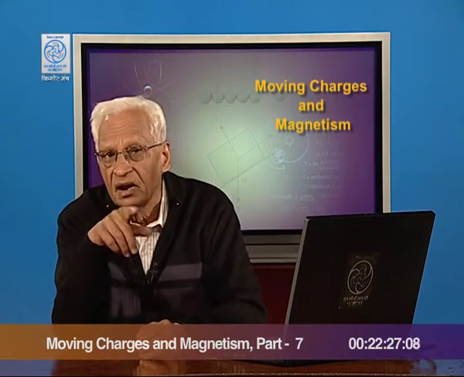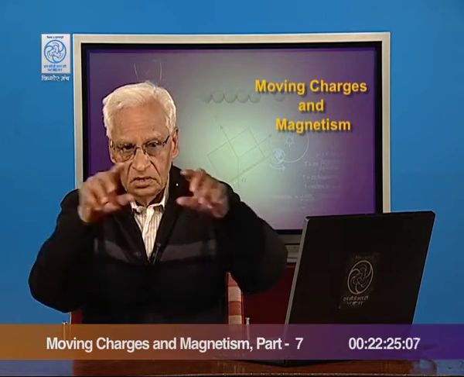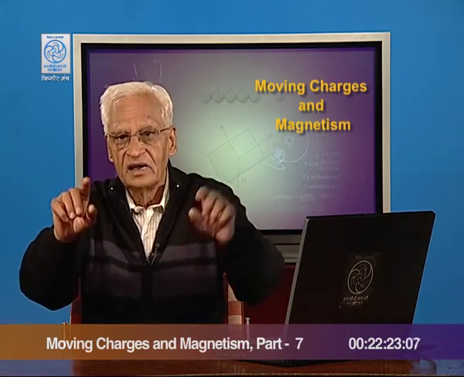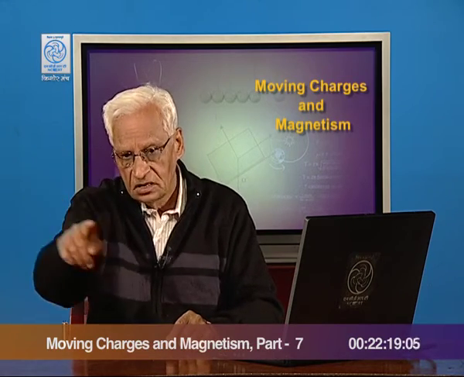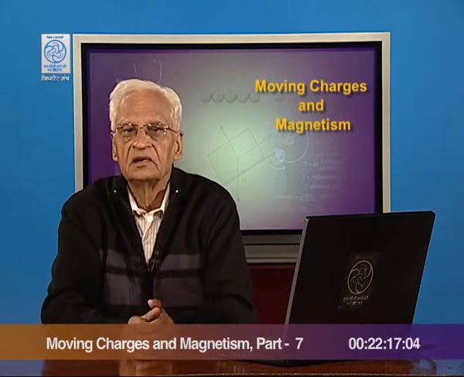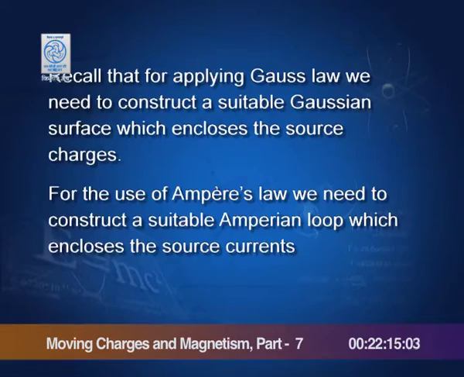Remember, last time I showed you the field due to a bar magnet, and we had lines inside the bar magnet also, because we must form complete loops. Recall from the last lecture that when we use Ampere's law, we have to have a loop which encloses the currents.